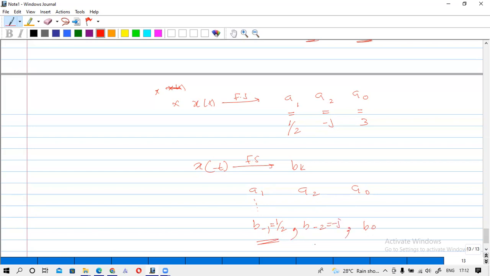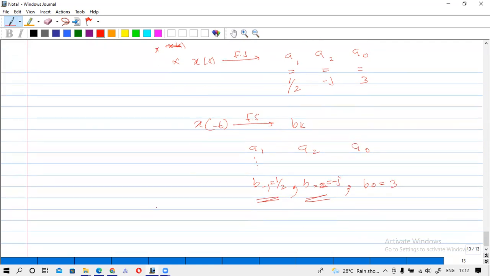And a naught is equal to b naught, and it is 3.